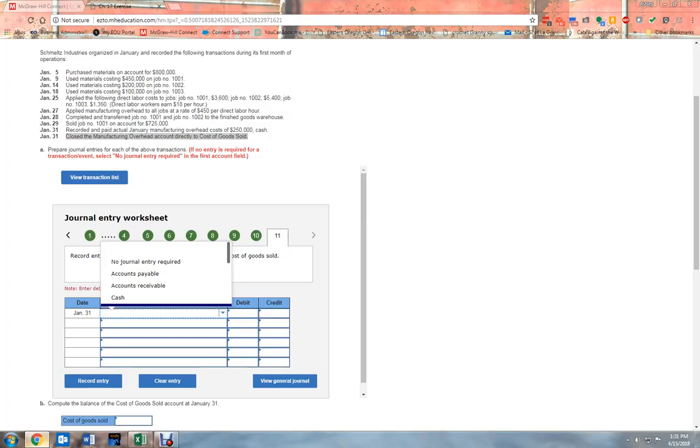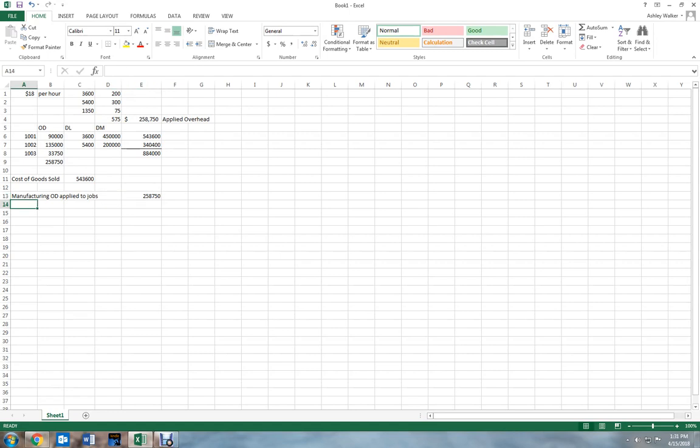So going back and looking, we incurred actual overhead costs of $250,000. The difference between those two, now you have to decide if that's over applied or under applied.